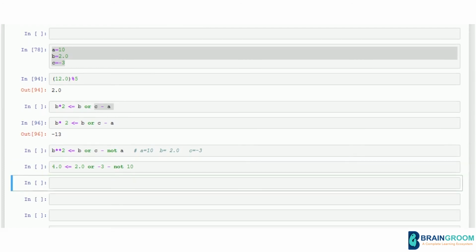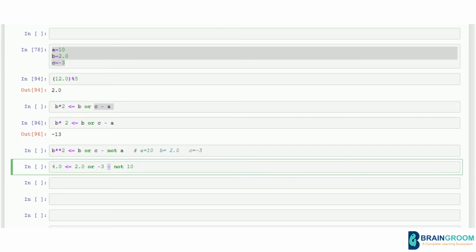So we are held up with an issue. As you can see, we have a comparison operator, a logical operator, an arithmetic operator, and once again a logical operator. Among these, your arithmetic operator minus takes the highest precedence. If you look at this part, you have minus 3 minus not 10. Here we don't have an operand directly, so not 10 is evaluated first. 10 is equivalent to true, so not 10 will be false.